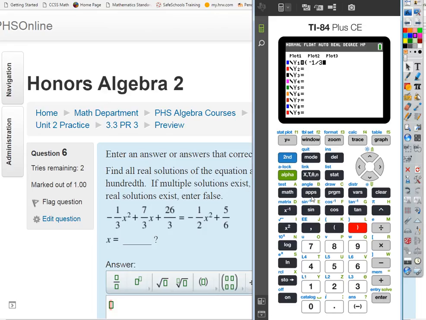So negative 1/3 x squared plus 7/3 x, which makes it look a little cleaner, plus 26/3. And then negative 1/2 x squared. So we move down to the other line and graph the function on the right as y2.